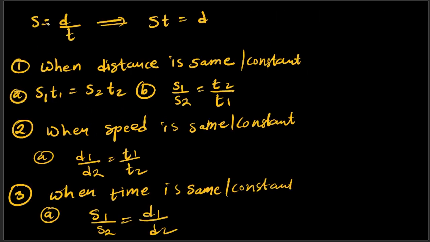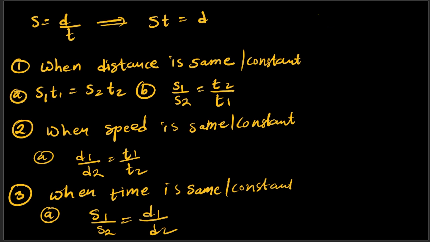So we have the formula, speed is equal to distance upon time, or you can write it as speed multiplied by time is equal to distance. Both are same. So we have three components, so I have taken three conditions. The first condition, when the distance is same or constant.